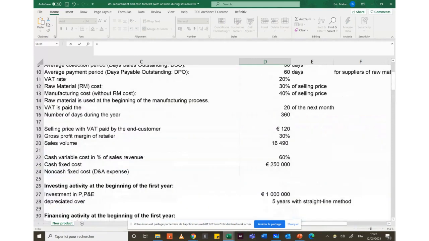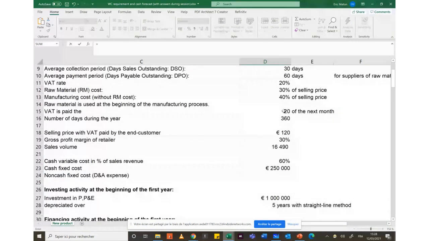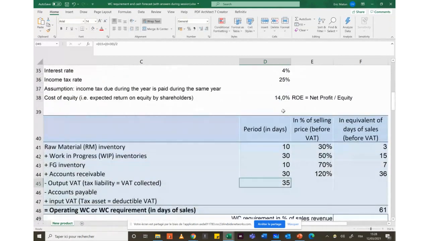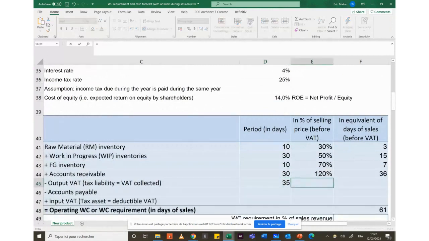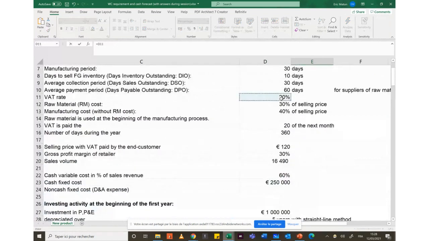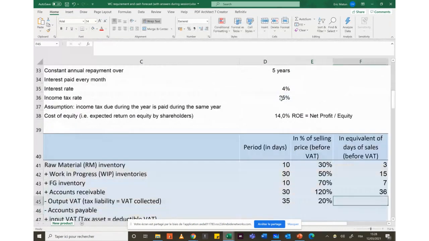So we have the 20 plus 0 plus 30 divided by 2. So we say the 15 plus 20. So we have to give back the VAT after 35 days. What we give is the equivalent of 20% of the selling price before VAT. And here it is negative because it's in the liabilities.